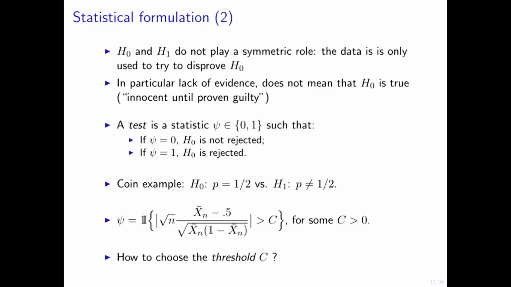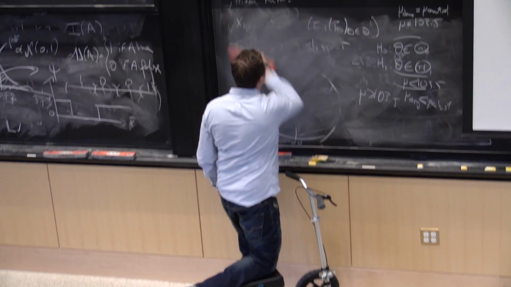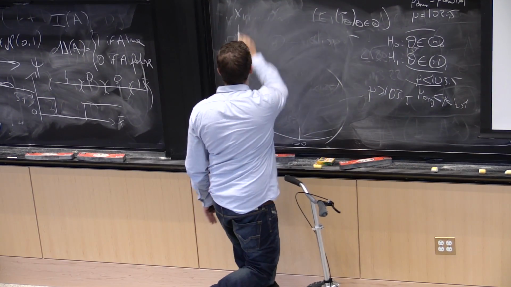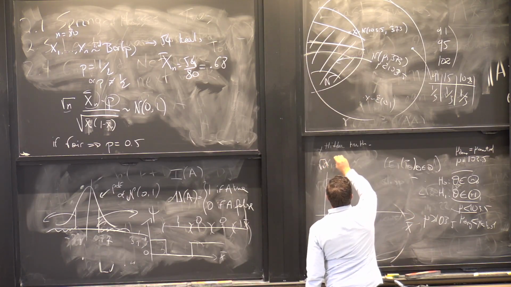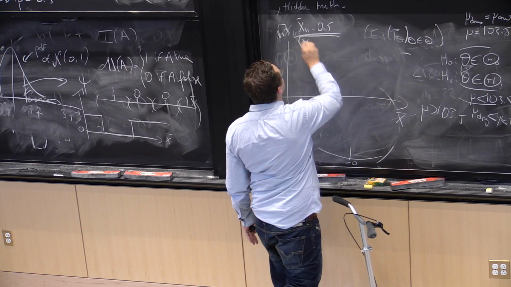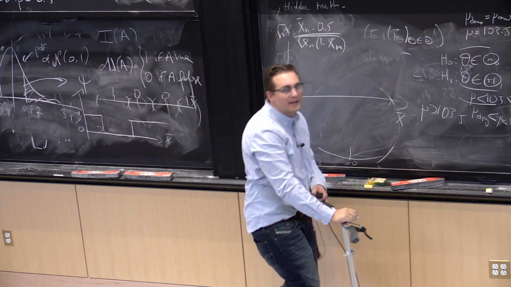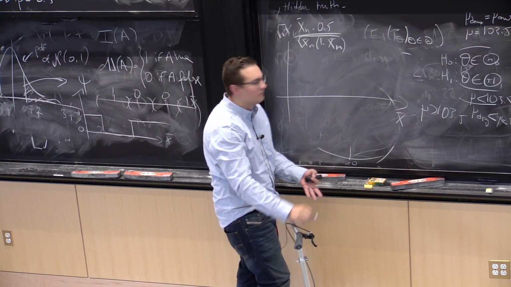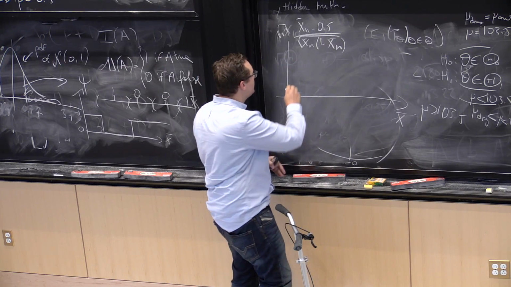Now, if I have this weird function, it's not clear how this happens. The picture that I get is a weird nonlinear function. So that's x bar, and that's square root of n times x bar n minus 0.5 divided by square root of x bar n times 1 minus x bar n. A priori, I have no idea what this function looks like. I can probably analyze it, but let's pretend we don't know.